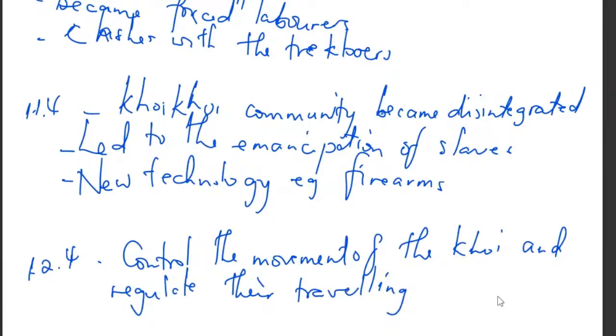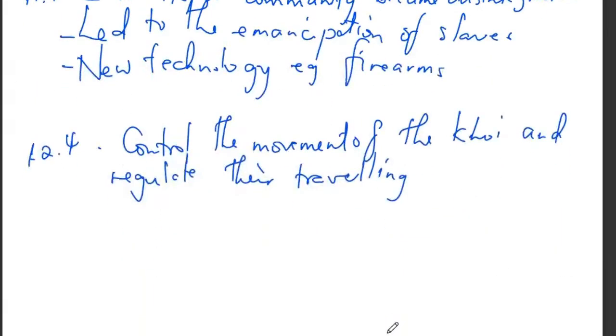Because of the need for having a pass as an official document to allow the Khoi to move, they were regulated. So they introduced the pass laws as a way of controlling the movement of the Khoi and also regulating their traveling.